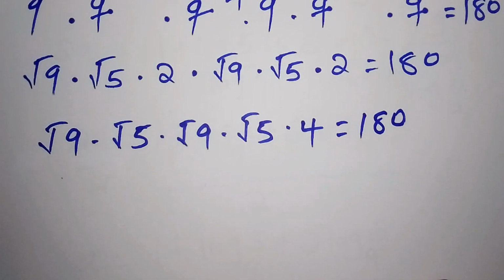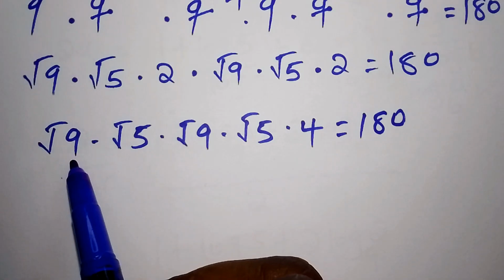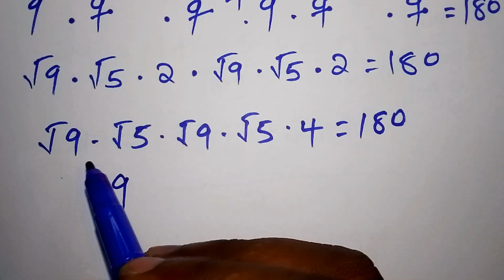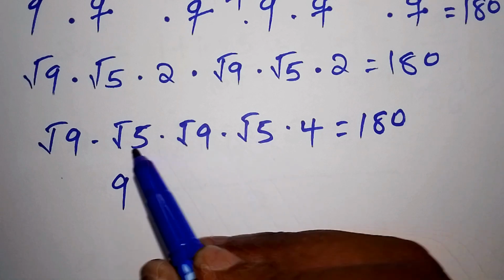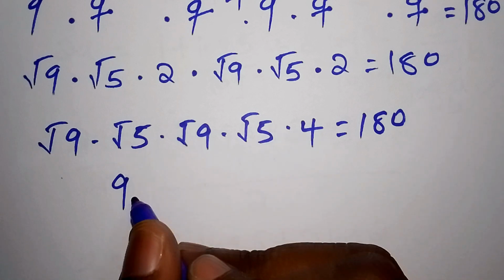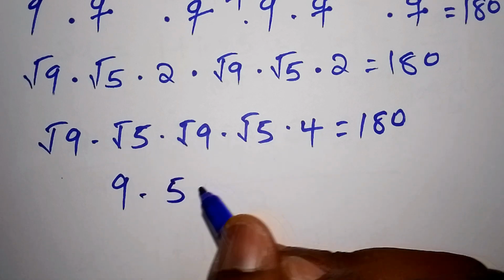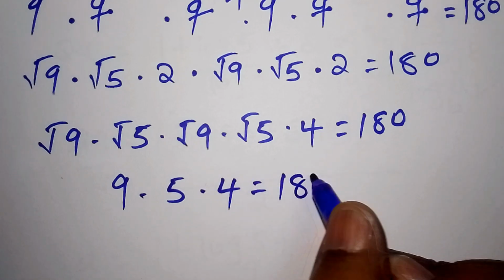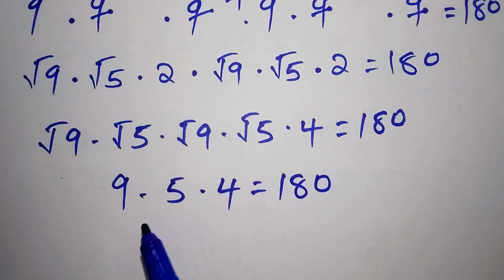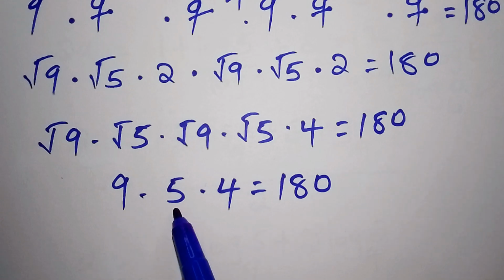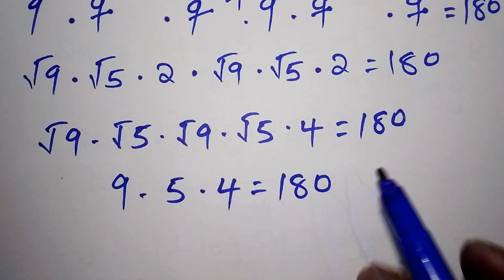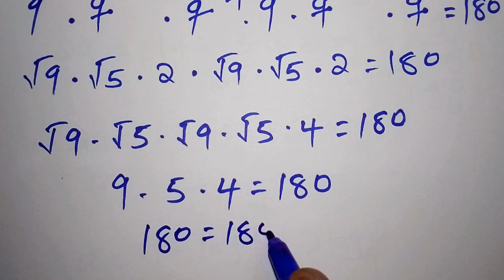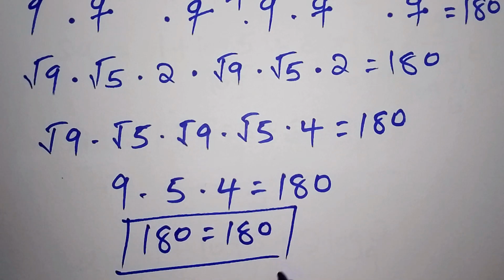Then root 9 multiplied by root 9 is 9, root 5 multiplied by root 5 is 5, so 9 multiplied by 5, then multiply by 4, is equal to 180. So 9 multiplied by 5 is 45, then 45 multiplied by 4 is 180, is equal to 180. Meaning that our maths problem is very correct.